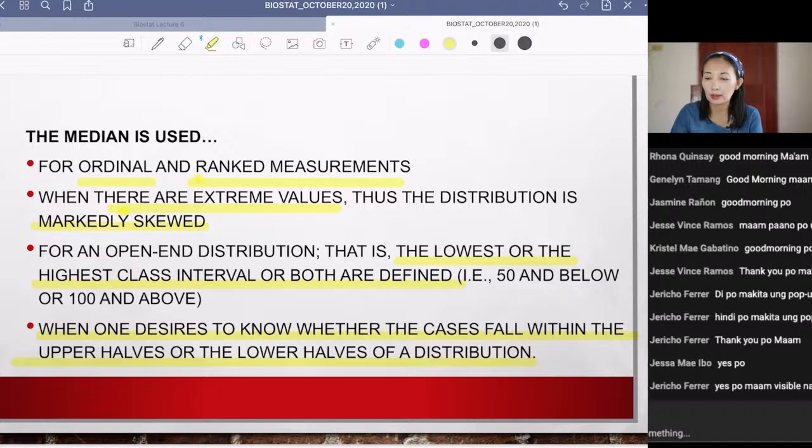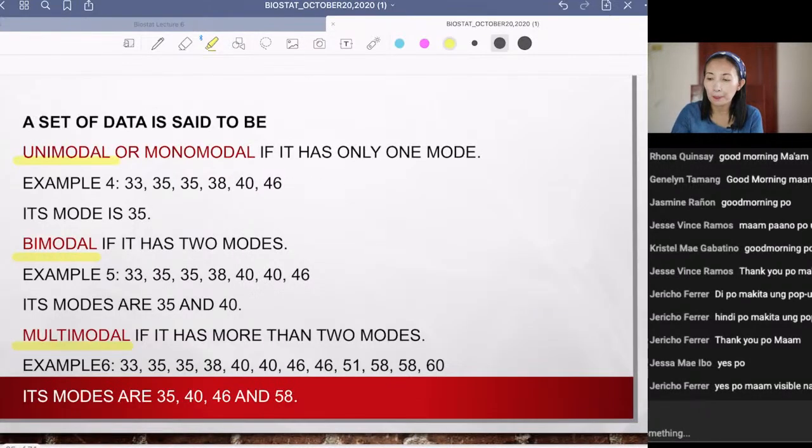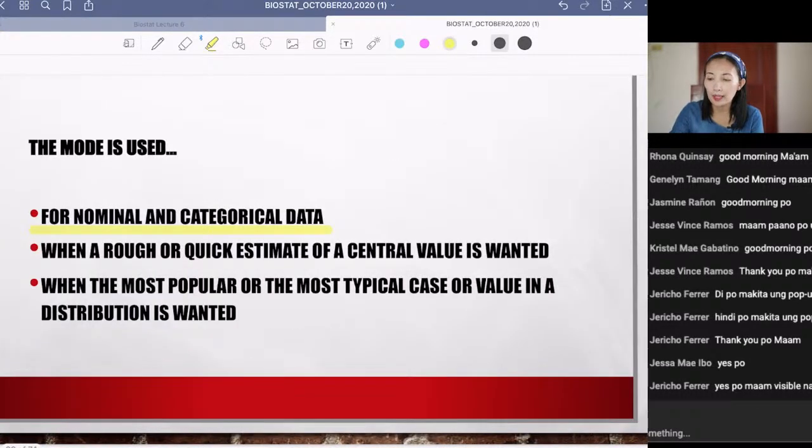For mode, nominal and categorical data. It is also used when a rough or quick estimate is wanted, because it does not require computation and can be identified by simply inspecting. It is used when the most popular or the most typical case or value in the distribution is wanted.